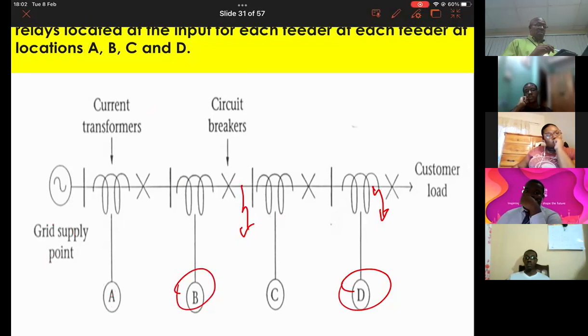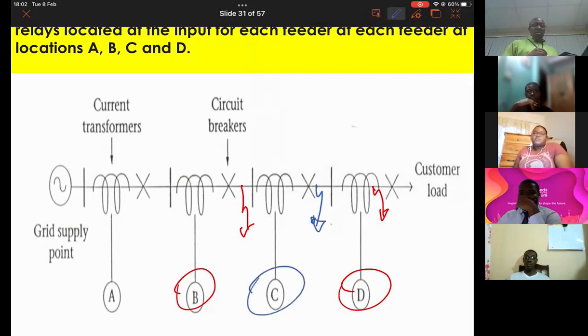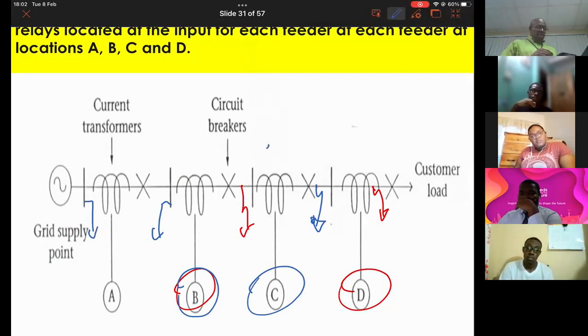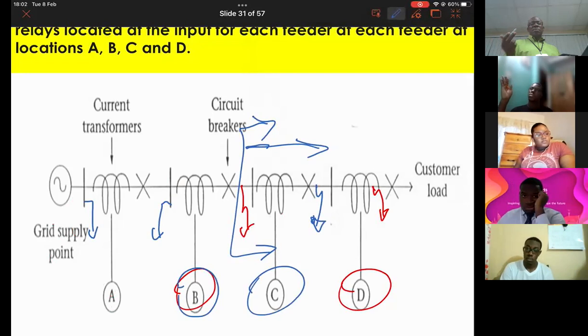But at the same time, if I have a fault here and this fellow is supposed to operate, if he doesn't operate, I want to ensure that only B operates. So if B operates, then the people connected here and here would still have power. Only those beyond this point would lose power. You with me? So how do we separate the network?